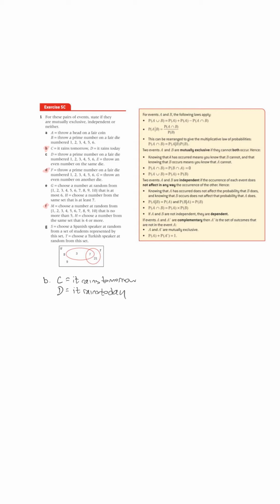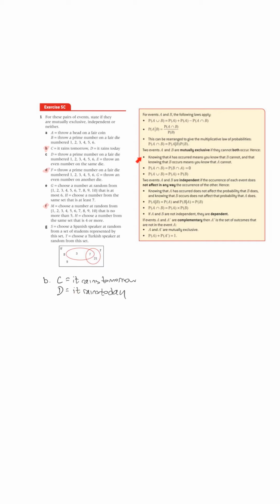Okay, and what we need to do is to decide if it's mutually exclusive, independent, or neither. Let's look at mutually exclusive first. Mutually exclusive says two events A and B are mutually exclusive if they cannot both occur. Well, these could both occur, so we know it's not mutually exclusive.